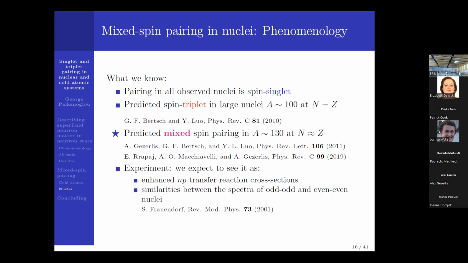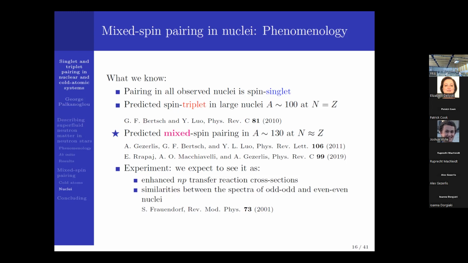And because the spin orbit field tends to be a surface effect on the surface of the nucleus, in large nuclei where the surface to bulk ratio is small, it has been predicted that triplet nuclei might be found, specifically in the region around A ≈ 100. Soon after that, it was predicted that on the transition from that region to the S-wave singlet pairing that we know, there should also be mixed spin pairing.